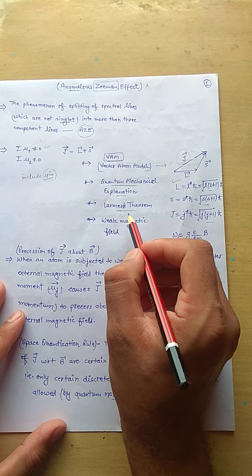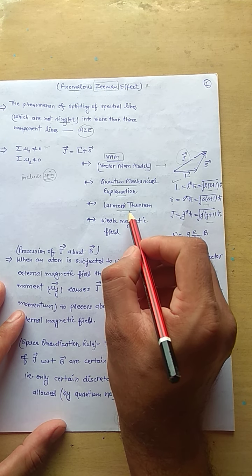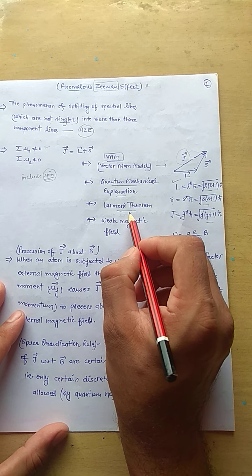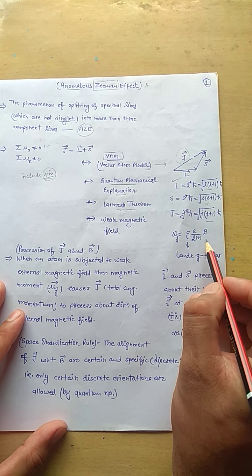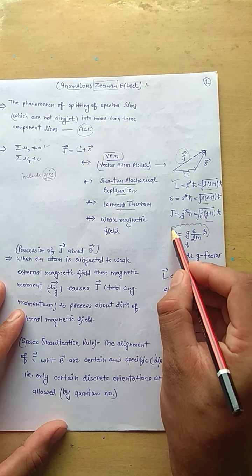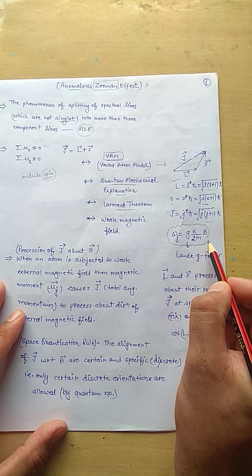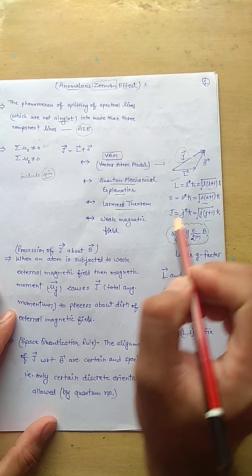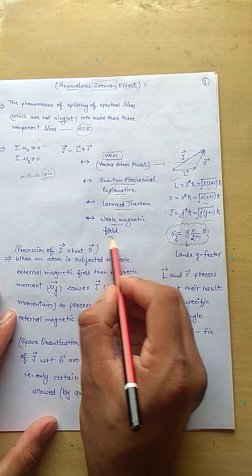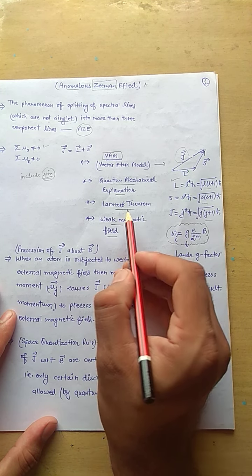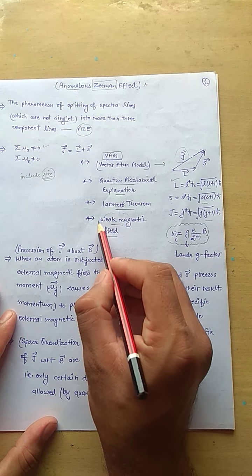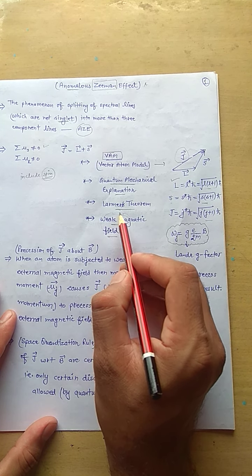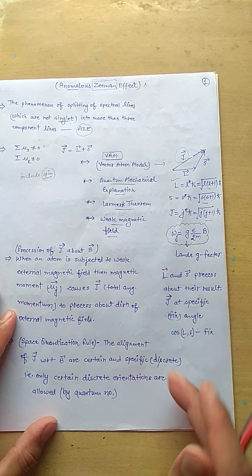Go to the video list and watch that lecture if you don't know about it. So this is how you can write the angular frequency of precession of vector J about a weak magnetic field. Here we will discuss why the magnetic field is weak and what is Larmor precession.